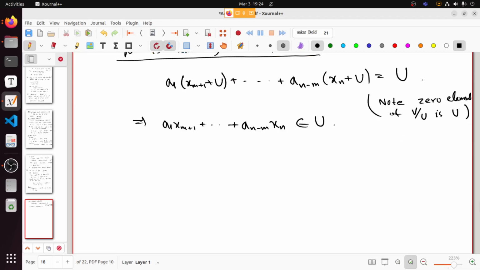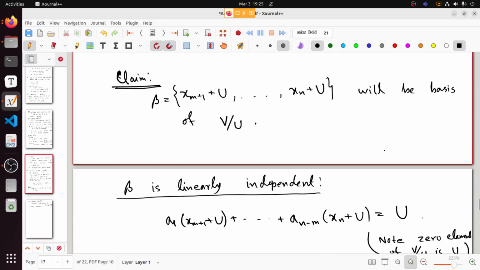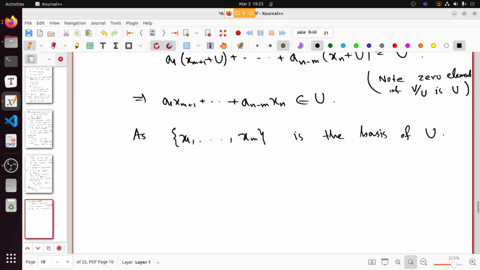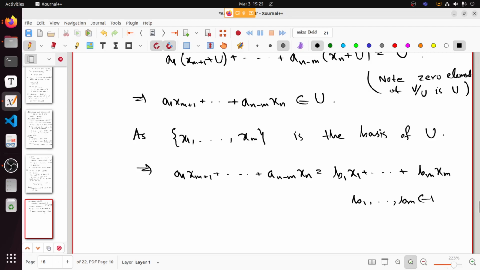So if this is in U, we know the basis of U. We have taken x1 up to xm to be the basis of U. So because this is an element of U, you can write it as a linear combination of the basis elements, which implies a1 xm plus 1 plus ... plus a(n minus m) xn can be written as some b1 x1 plus ... plus bm xm, where b1 up to bm are real numbers.